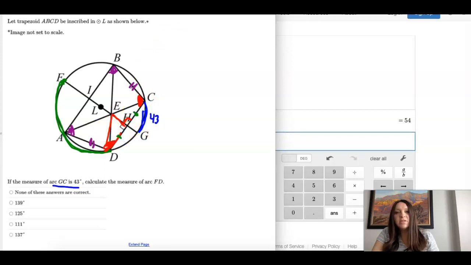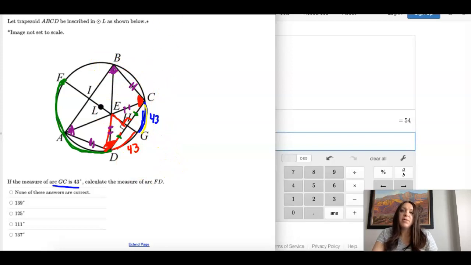These side lengths are the same. These side lengths are the same. So if this arc length is 43, this arc length would be 43 as well. We just have a lot of symmetry going on because of that trapezoid.